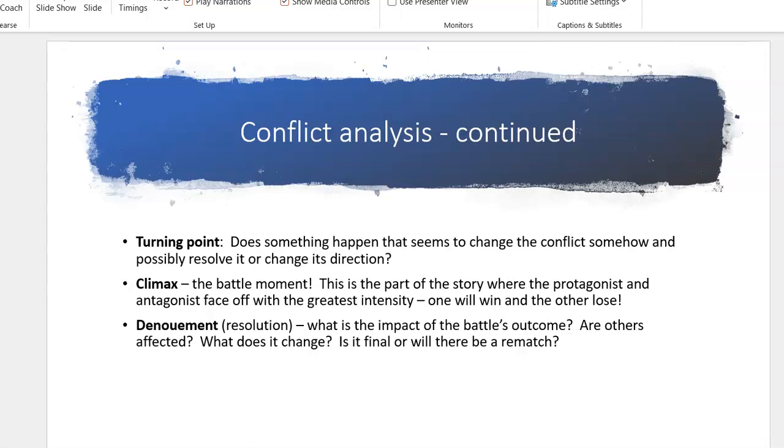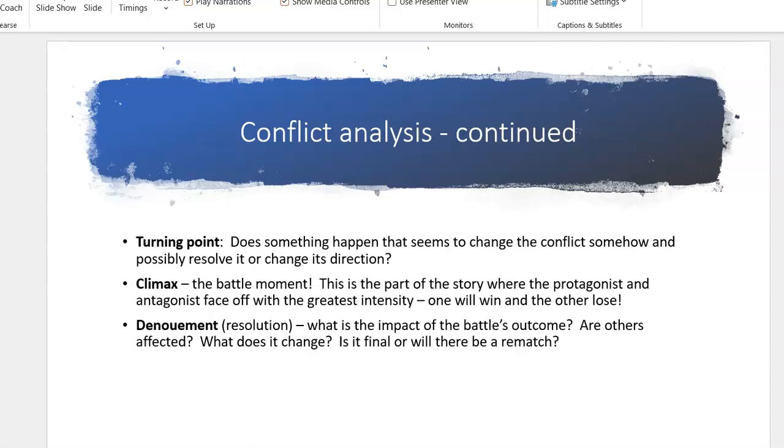You will have other stories where there are turning points where it looks like, oh, it's going to go this other way. That's also usually in longer stories where they have time to play out a little bit more. Our short stories may not have all that complexity, but the moment where they face off and one's going to win and one's going to lose, that is what we call the climax.